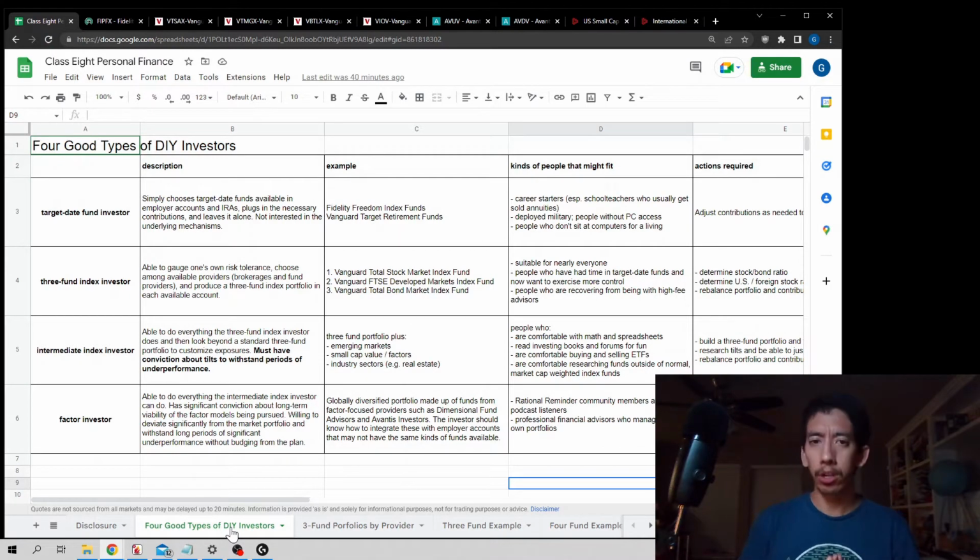So let's go over four good types and just a basic overview of what these investments might look like.